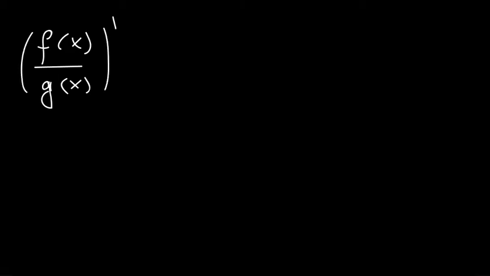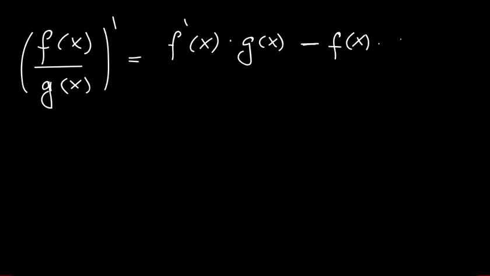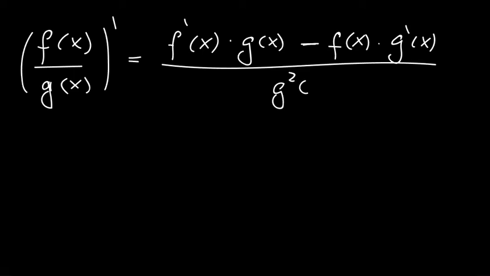Now let's talk about quotient rule. Quotient rule says that if we have a function f of x divided by the function g of x, and we want to take a derivative of this, we get f prime of x times g of x minus, that's a big difference from the product rule, f of x times g prime of x, and this is all divided by g squared of x.